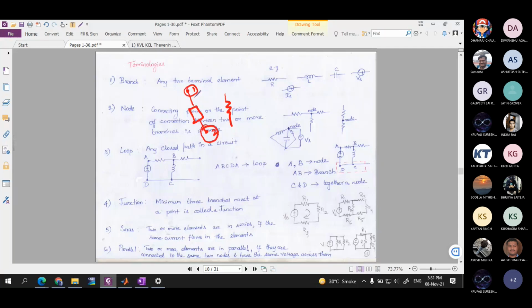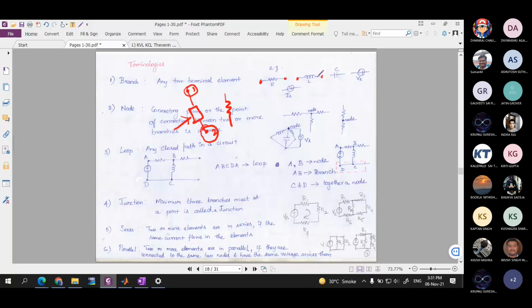This element is called a two-terminal element. Any two-terminal element can be called a branch, irrespective of whatever element you connect here. So your resistor can be called a branch, an inductor can be called a branch, similarly a capacitor. Voltage source, current source, whatever two-terminal element you have, you can call it a branch.